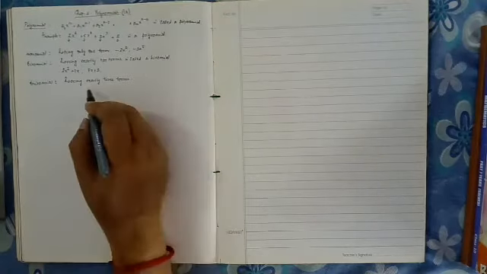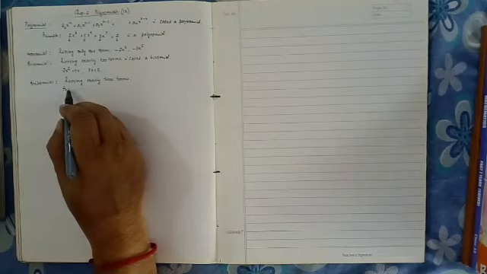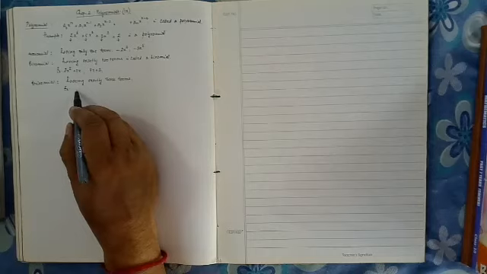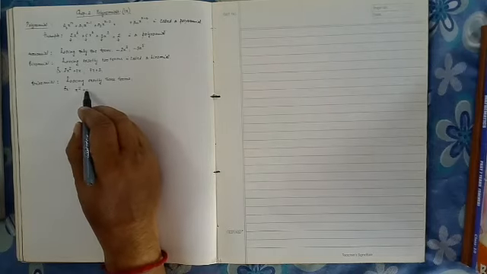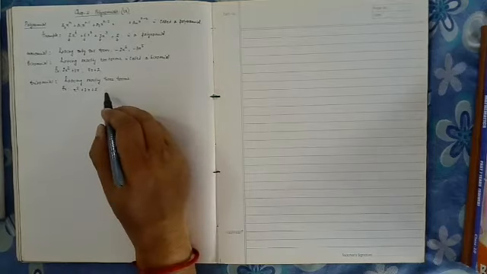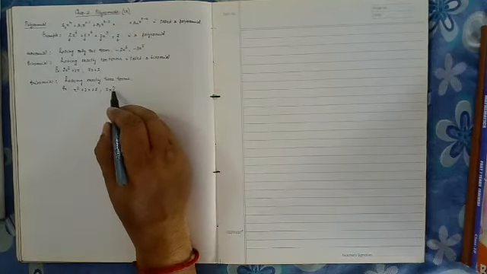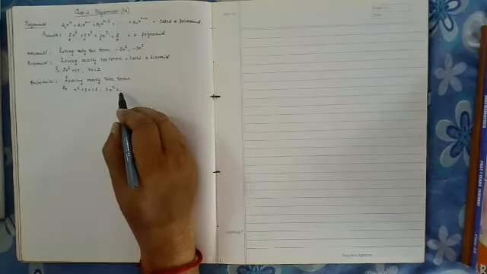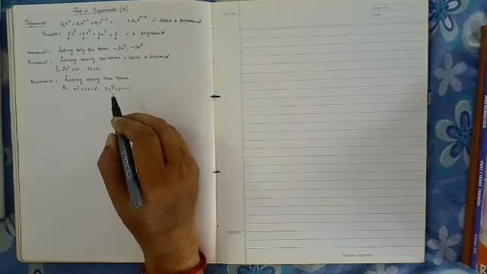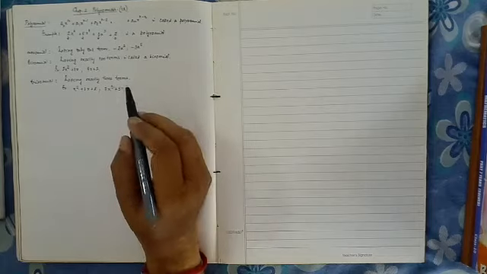For example, we can write x square plus 3x plus 2, 7x cube plus 5x plus 1, like this. These are trinomials.